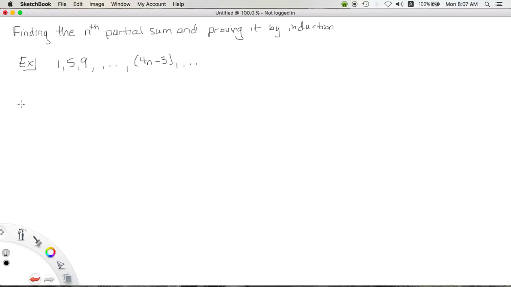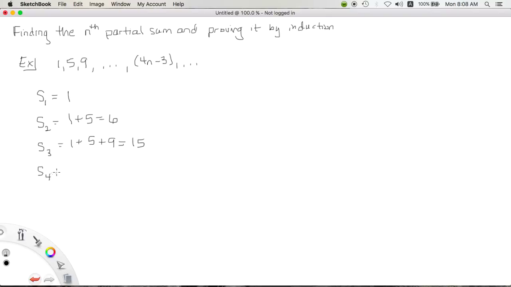Well, remember, a sum is where we're adding up the terms. So the first partial sum of this is just the first term. And the second partial sum is the first term plus the second one. And the third would be the first and the second and the third terms added together.